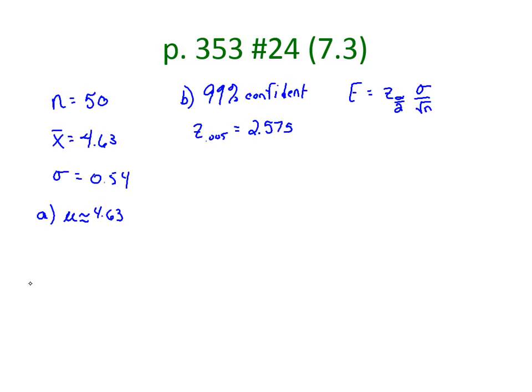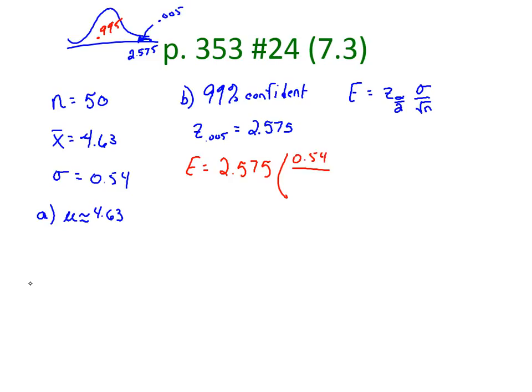So we want our area to the right to be 0.005, half of 1% in that right tail. So that Z-score is going to be 2.575, and you're looking up the area on the left being 0.995. Sigma was 0.54, N was 50.